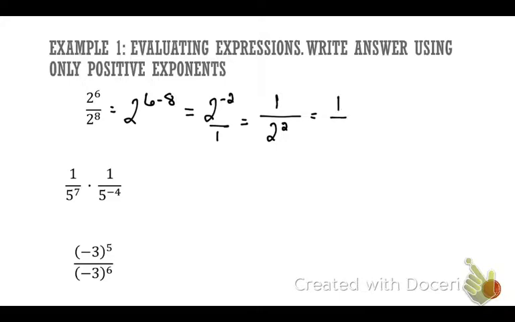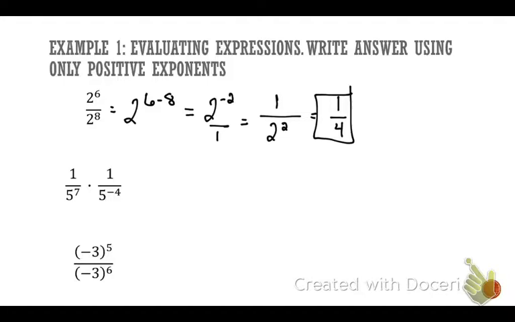All right, 1 over 4. Because when I changed my negative exponent and made it positive, my base was not positive, so my answer is 1/4. Because my negative changed to a positive for the exponent.